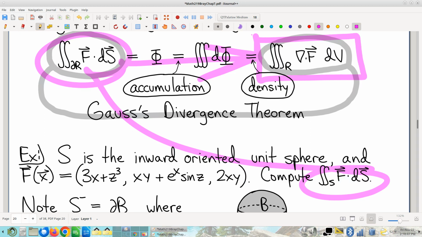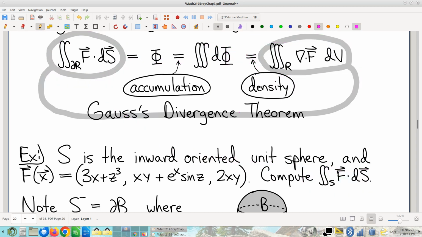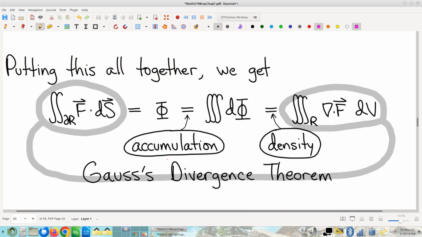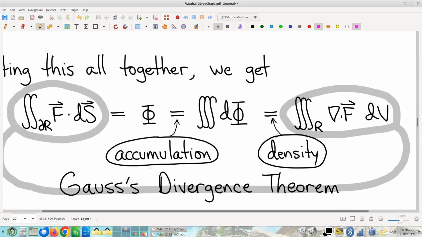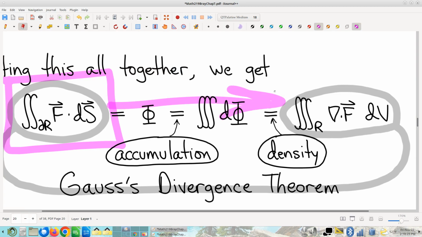It's an important catch. Very importantly, this theorem does not say, let me come back up here real quick. This theorem does not say whatever flux you have, any sort of flux, you can compute with a triple integral. That's not what this says.